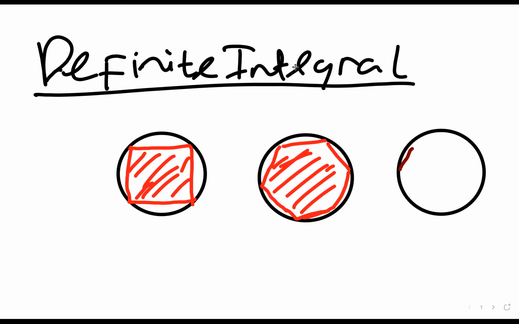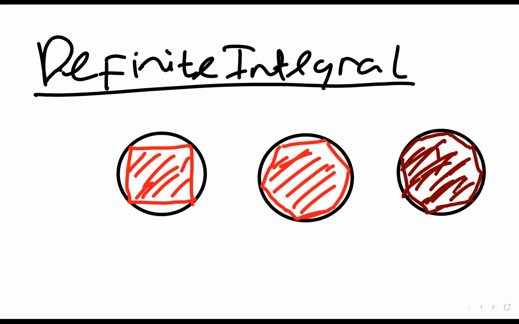For example, if you consider the number of sides increasing, here 1, 2, 3, 4, 5, 6, 7, 8, then the area is getting close to the area of the circle.